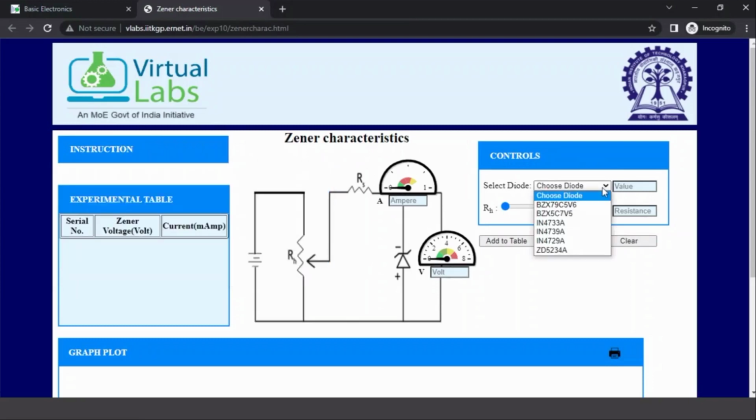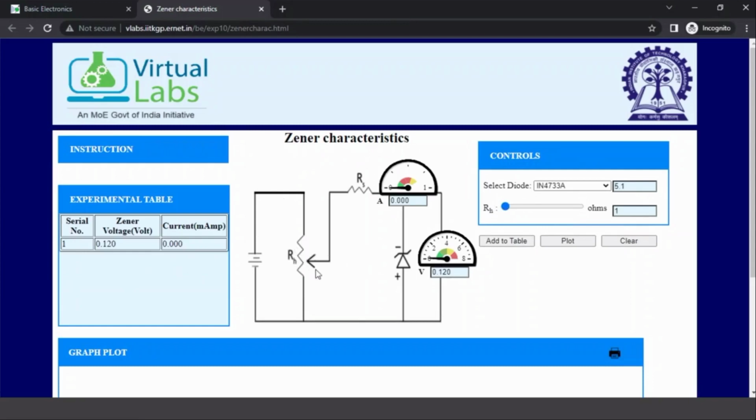So we can select the diode. Let's say we have selected 4733A, and whatever is shown here, 5.1, that is the Zener voltage of that. Make this RH equal to 1 ohm, and correspondingly we need to add the values here. So add the values to the table by varying the resistance. This RH is a variable resistance.